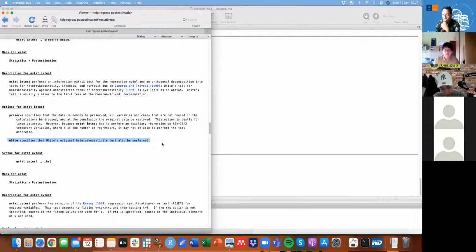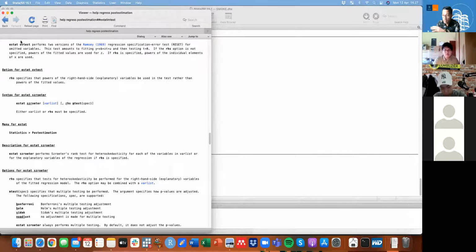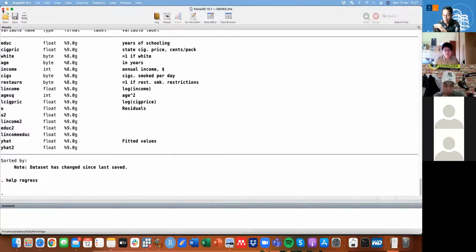This is very straightforward. We don't have to do all the things that we did in the previous exercise. We can just use the regression result and then do the testing.